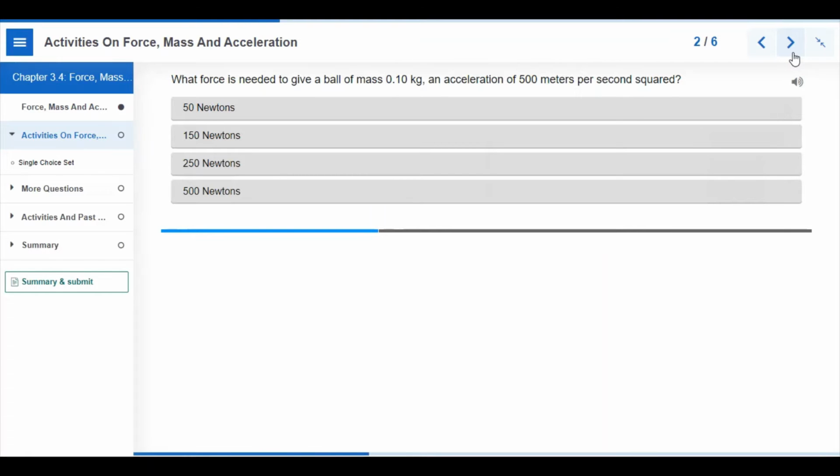Now, let's go through some activity. What force is needed to give a ball of mass 0.1 kilogram an acceleration of 500 meter per second squared? You already know that force is equal to ma.